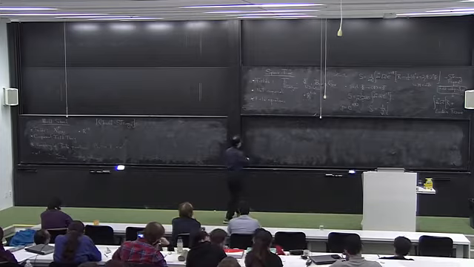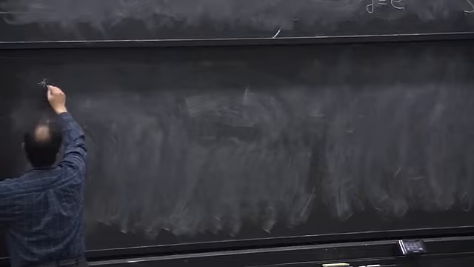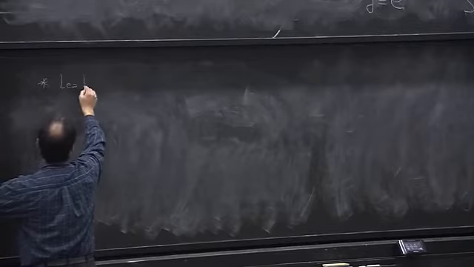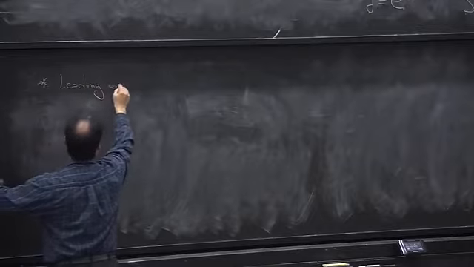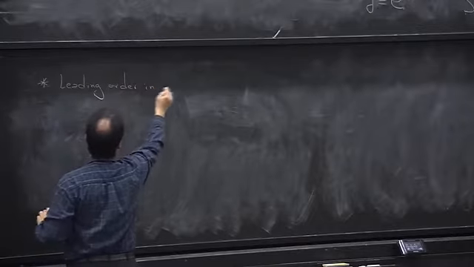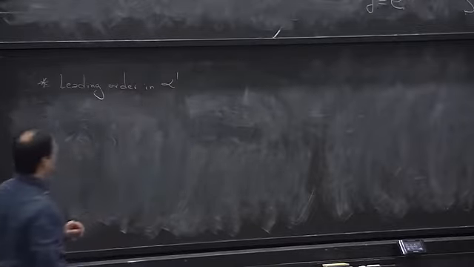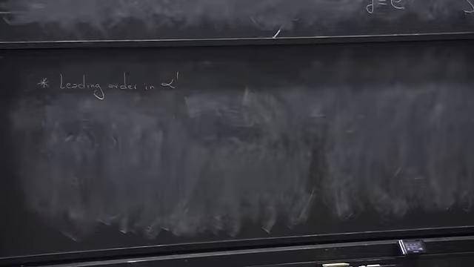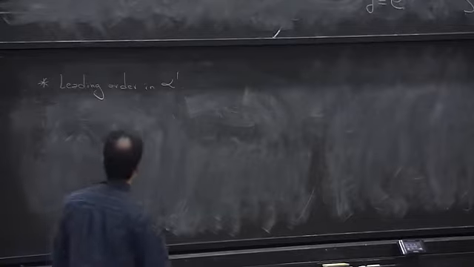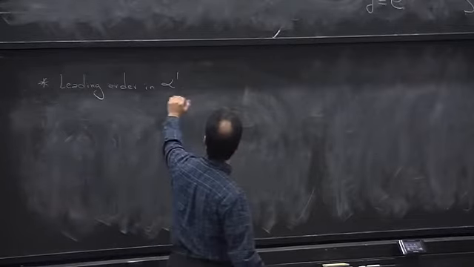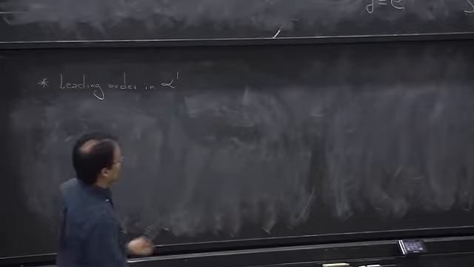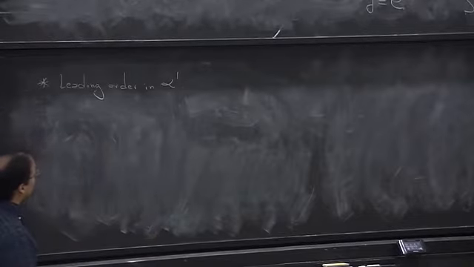So just the action we have there, we said, is leading order in alpha prime. So that's an effective action which is valid when you have very small curvatures, okay? Long distances and small curvatures. So that action should be a very good approximation to what the string is telling the space-time to do.